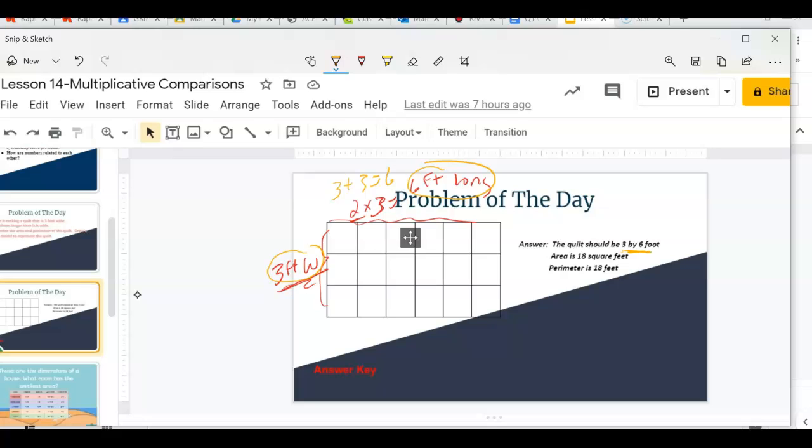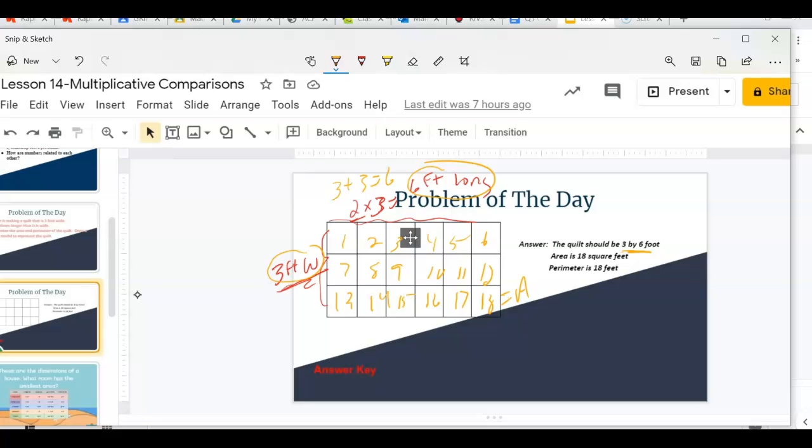The area. Now remember, the area is the inside, so we're going to count up the area. Now we can count them all up, or we can actually multiply them too. Okay, so let's count them up and let's compare our answers though. So 1, 2, 3, 4, 5, 6, 7, 8, 9, 10, 11, 12, 13, 14, 15, 16, 17, 18. So we got 18 square feet of area.